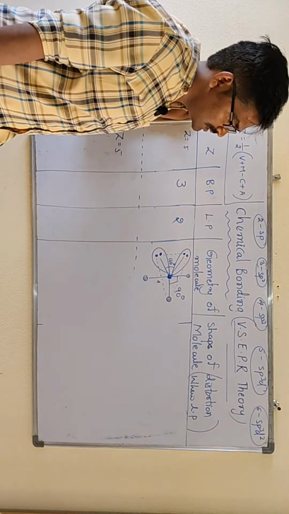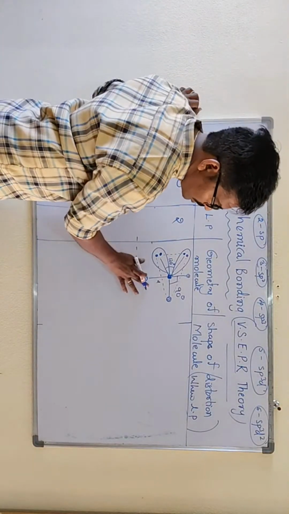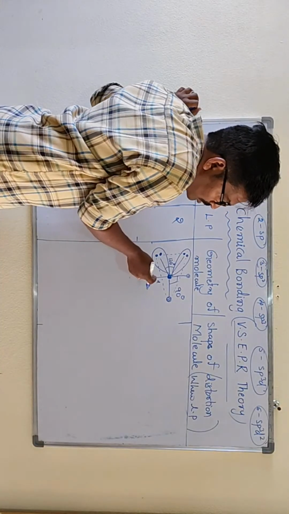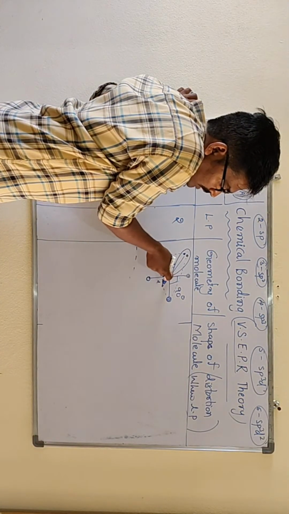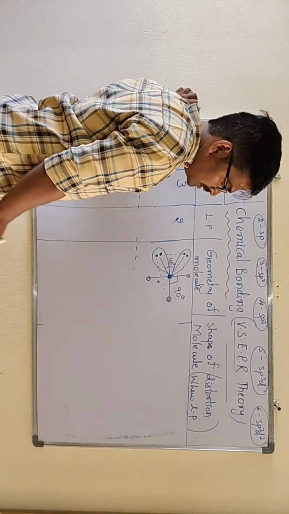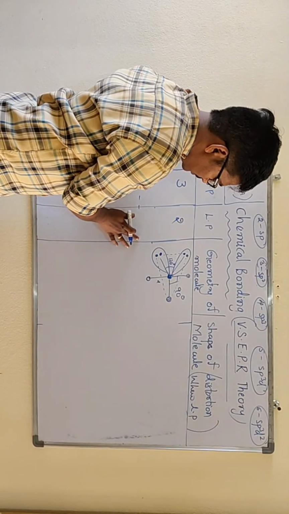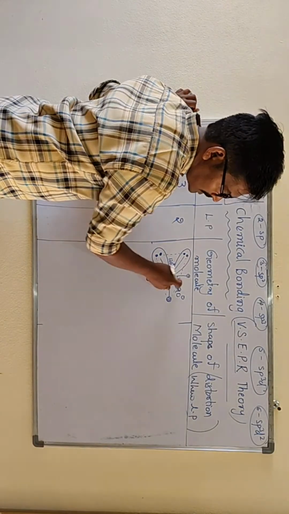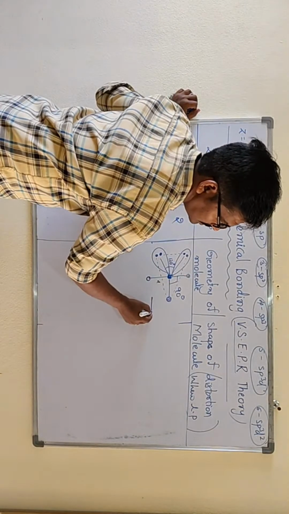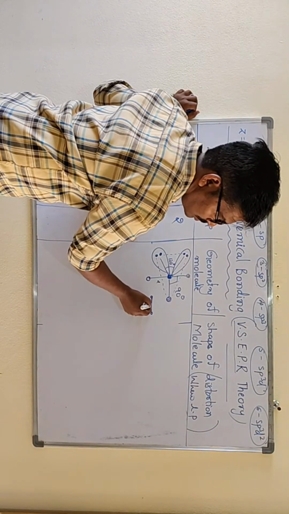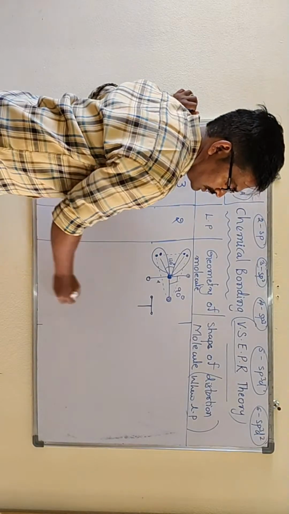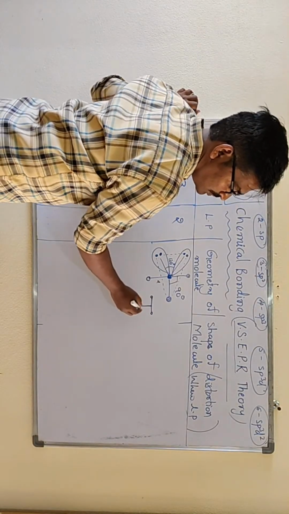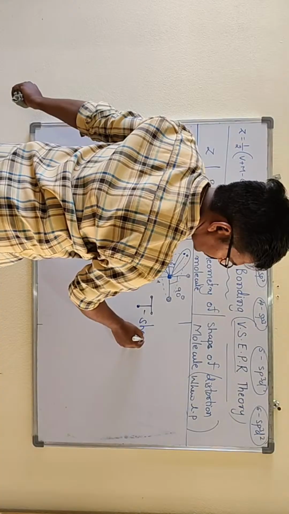Clear? Right. So now the shape of the molecule: only 3 bond pairs are there. Look here, one bond, here one bond, here one bond. This we call T shape. This is the T shape of the molecule.